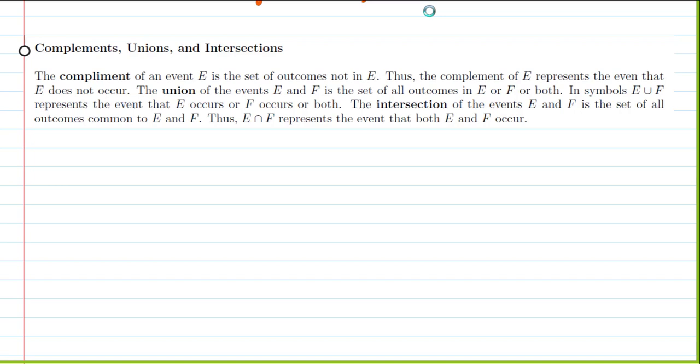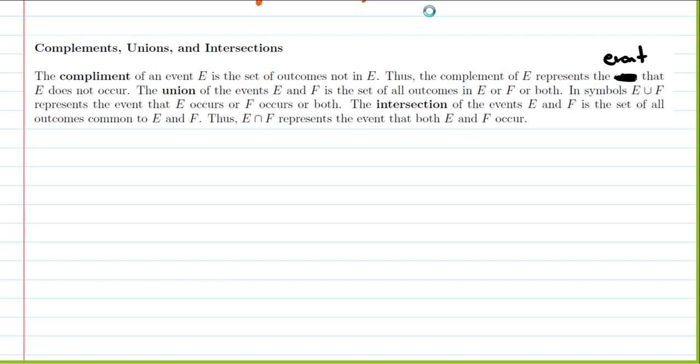Thus, the complement of E represents the event that E does not occur. The union of the events E and F is the set of all outcomes in E or in F or in both.